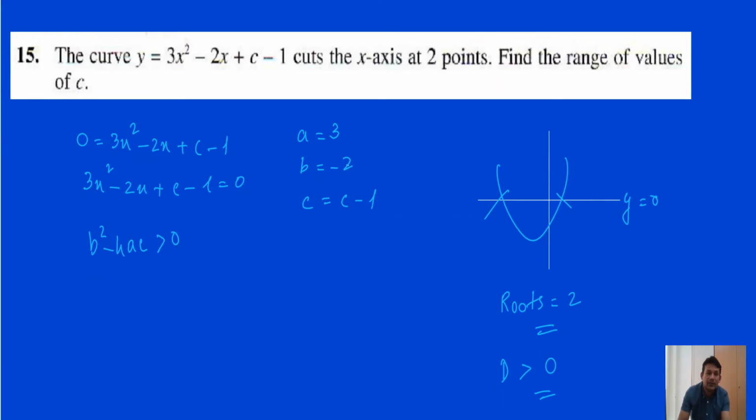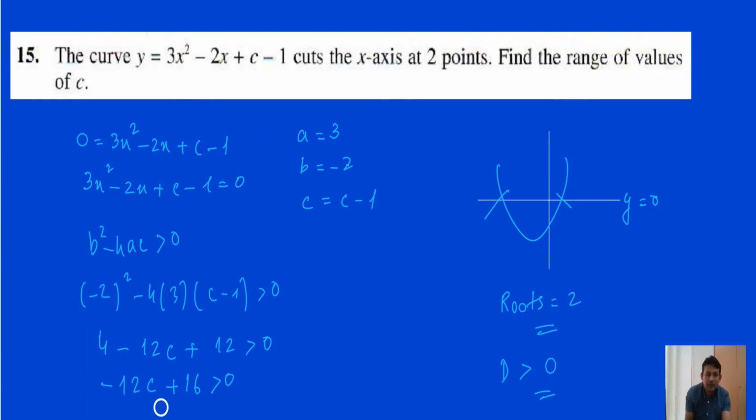What is b? b is minus 2, a is 3, and c is c minus 1, greater than 0. Okay, now we can simplify. 4 minus 12c and minus minus plus 12 greater than 0. Okay, 12c is negative and this is plus 12, and this is coming 16.